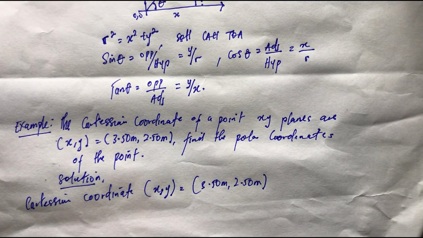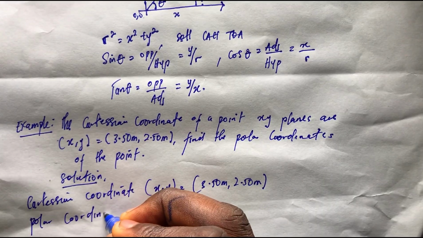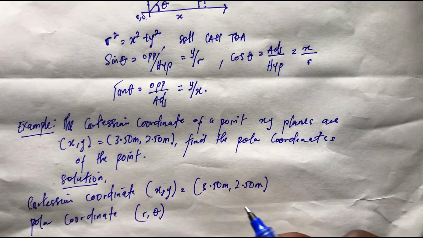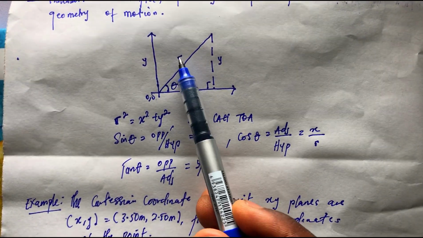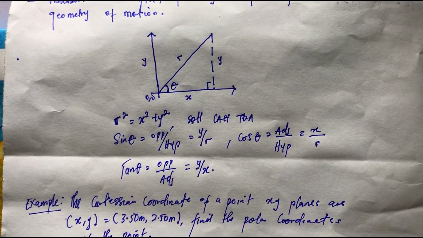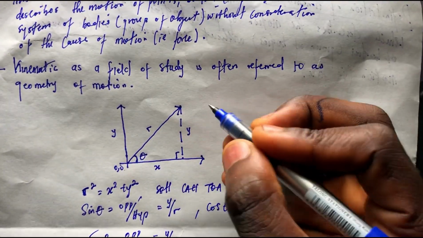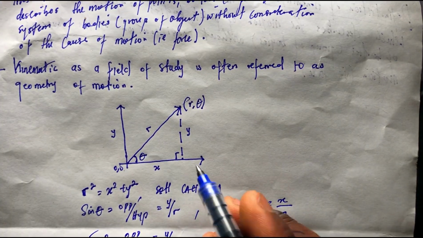Now, how about the polar coordinate? Polar coordinate makes use of r and theta. If you did this previously, it's theta and the radius, which is the hypotenuse side. So for the polar coordinate, I'm going to represent it with r and theta.